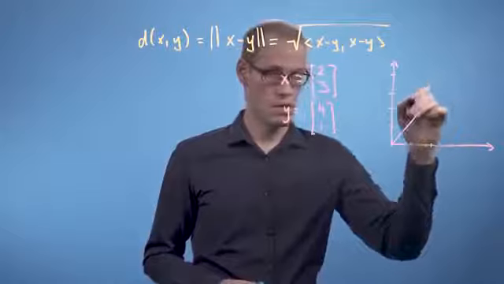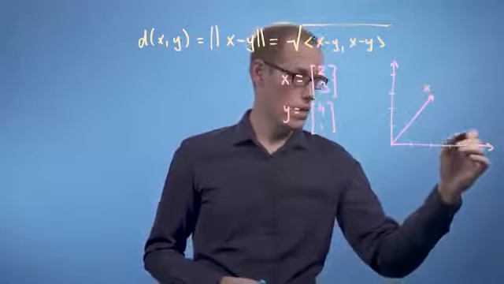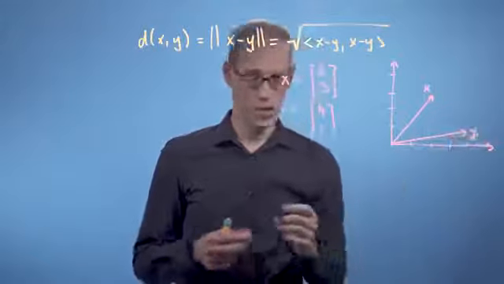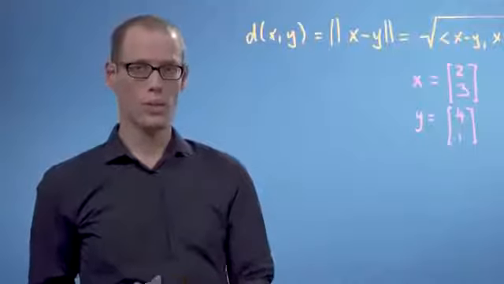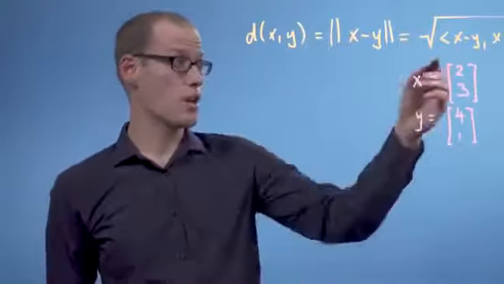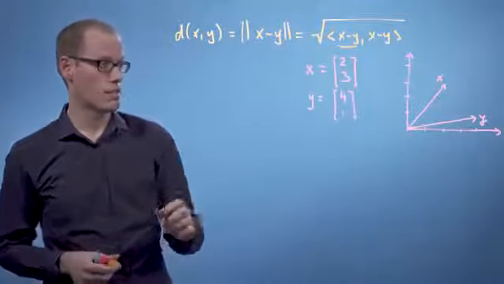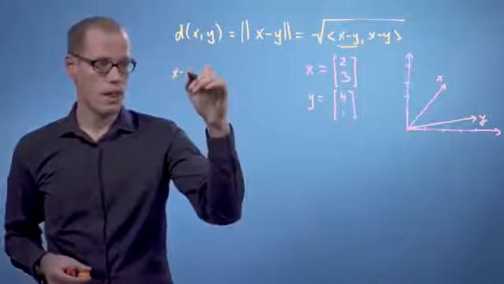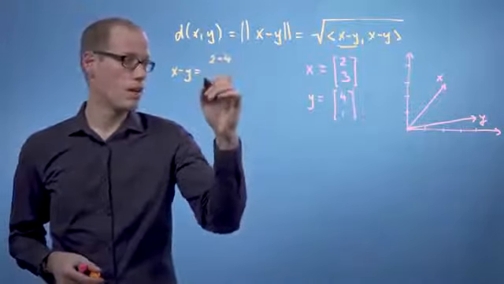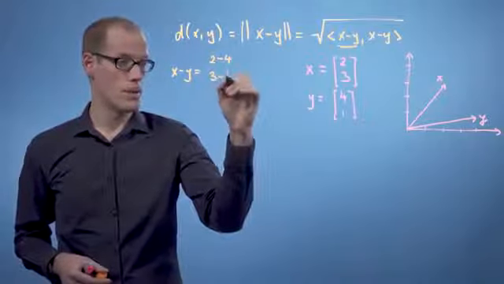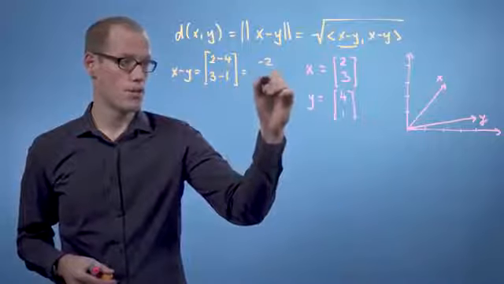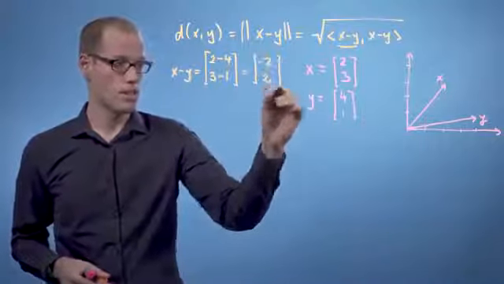So this is x, and y is over here. In order to compute the distance between these two vectors, the first thing we need to do is have a look at this difference vector. So x minus y is 2 minus 4 in the first component and 3 minus 1 in the second component. That means we get minus 2 and plus 2 as the difference vector.